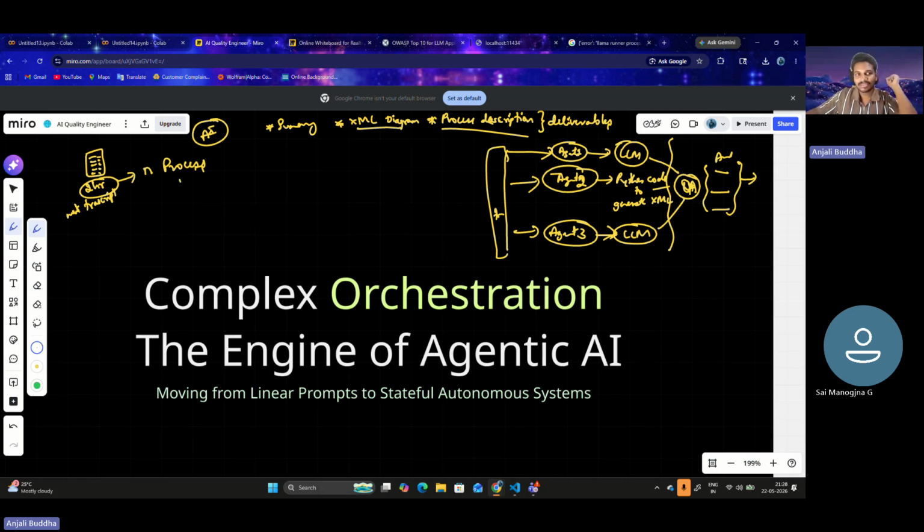For each process we want these three deliverables: summary, XML, process description. So let's say n is 3, and in this transcript there are 3 processes discussed.